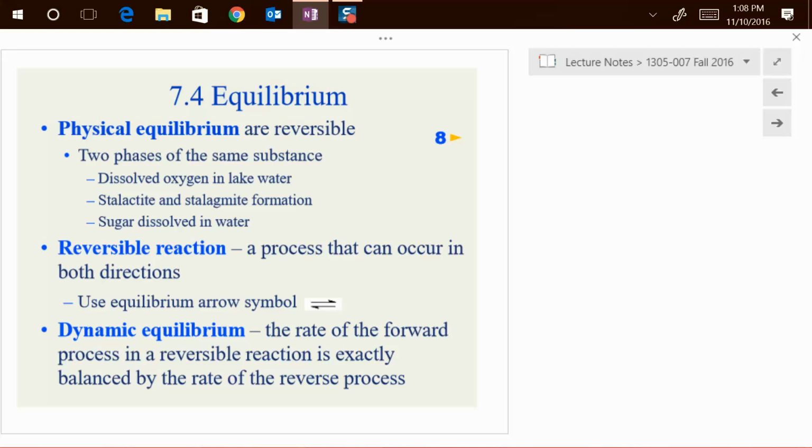What equilibrium is not is when you have the same concentration of both product and reactants in the equation. Okay? So, in other words, 5 moles of methane.